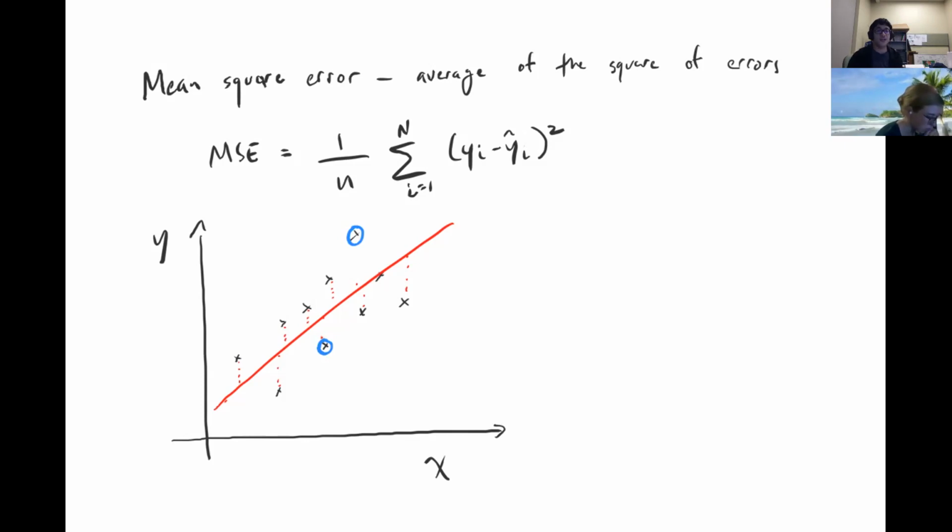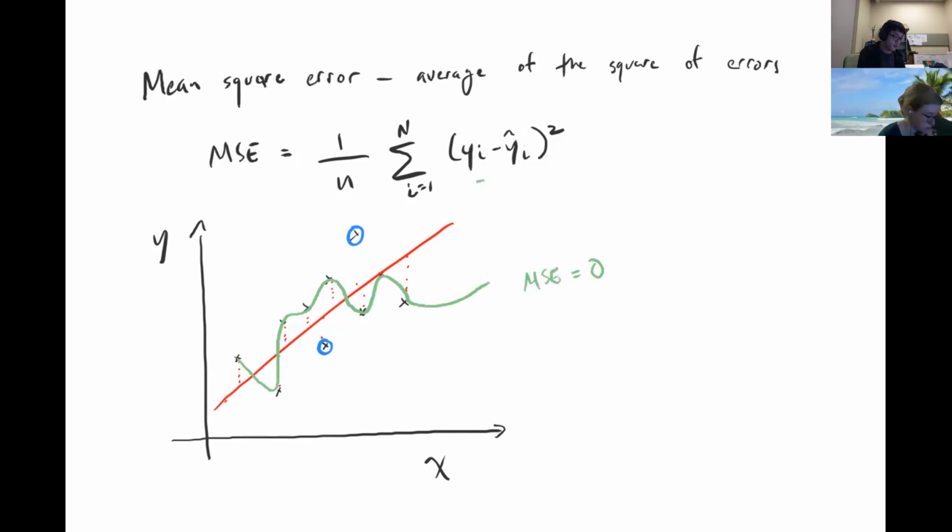So I can actually draw a different fit through these points that is going to do a much better job in terms of my MSE metric compared to this red line. And so I can draw a line that looks like this. And I actually know that the MSE for this line is going to be equal to 0, right?